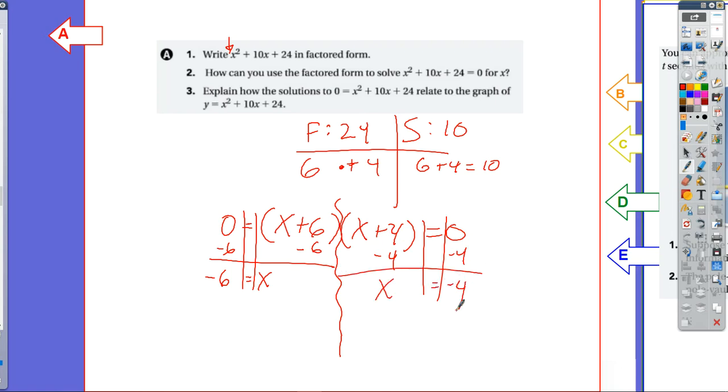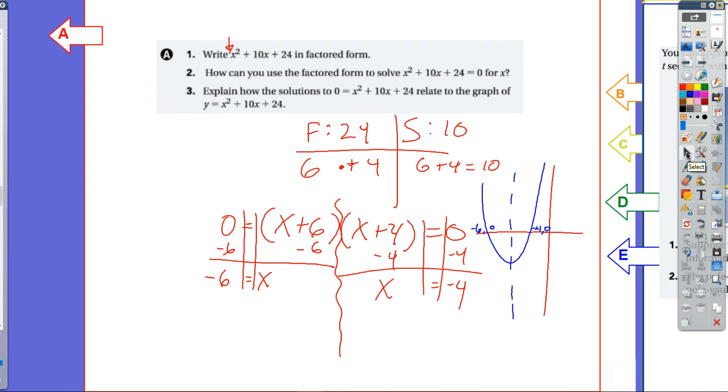Ta-da! Now, that would relate to the x-intercepts of your parabola. So this graph would look something like this, where this is negative 4, 0, and this will be negative 6, 0. Obviously, that would be negative 5. And no, this is not to scale.